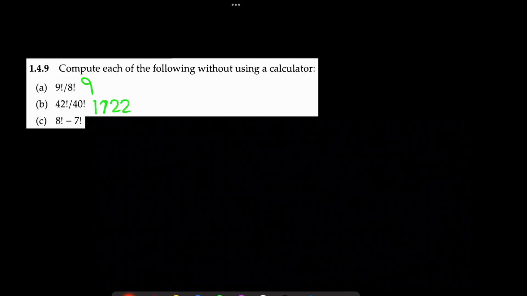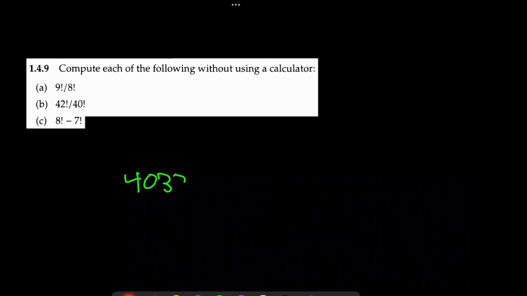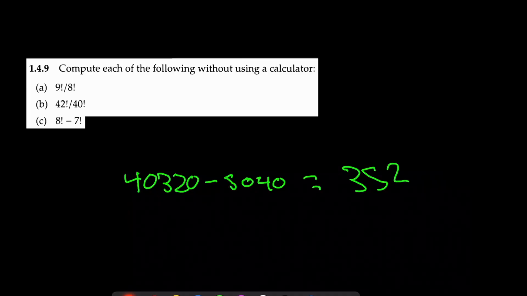We would get 8 factorial as 40320 minus 7 factorial, which is 5040, and that would lead to 35280. That's one way to do it.